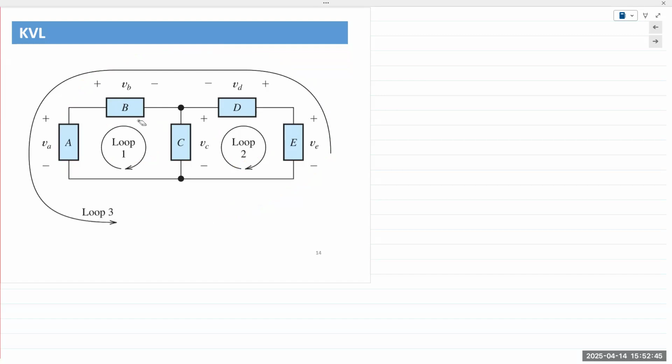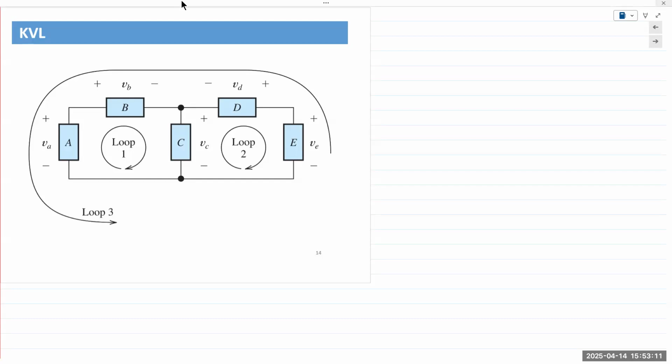But KVL applies regardless. The sum of all the voltages around the electrical loop is equal to 0. With the current, it's straightforward to assign a sign or a polarity to the value. So if current is entering, put it on the left-hand side of the equation. If it's leaving, I put it on the right-hand side of the equation, and I have applied my KCL correctly.